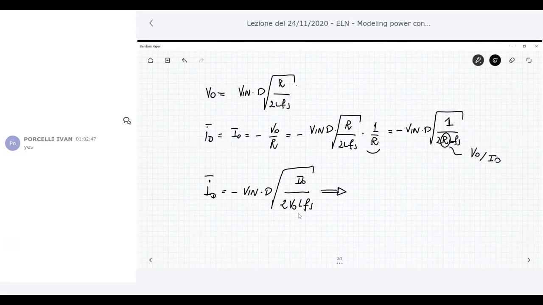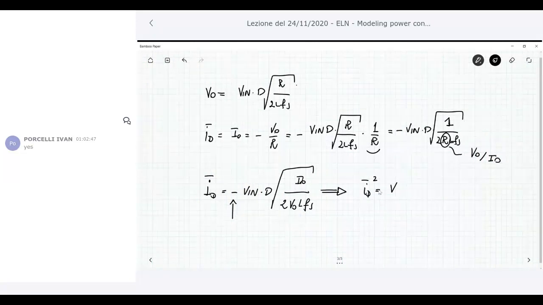Let's take the square of these quantities, and so I have ID average value square, and now this is the reason why the sign is not so important here, because now I take the square of this quantity, so this minus sign disappears. V in square, D square, I naught, but I naught is ID average value, over 2 V naught L Fs.